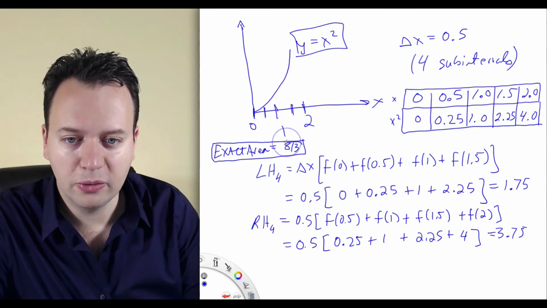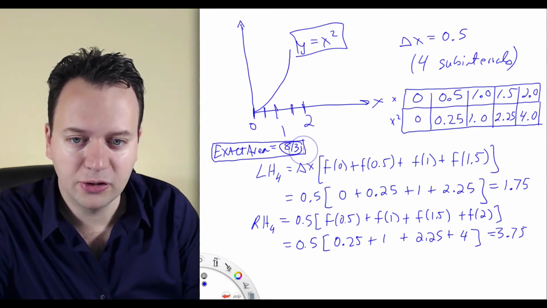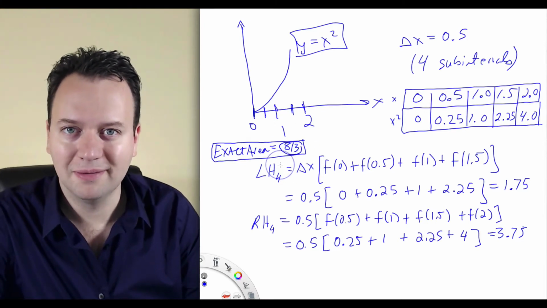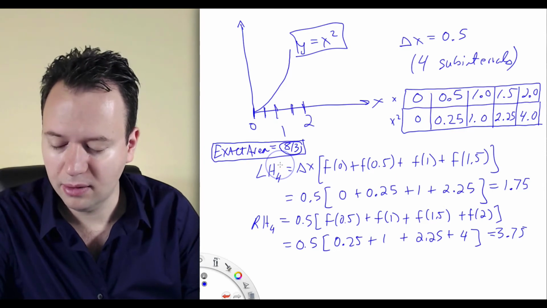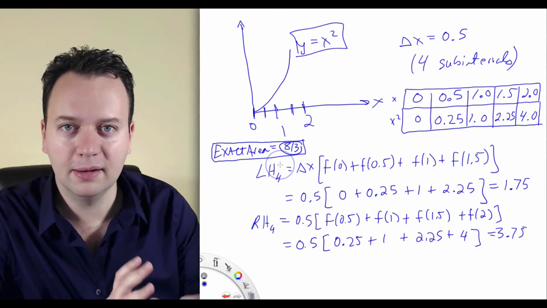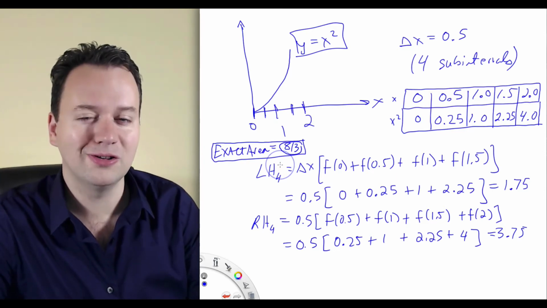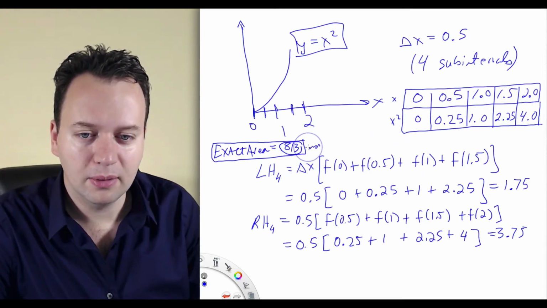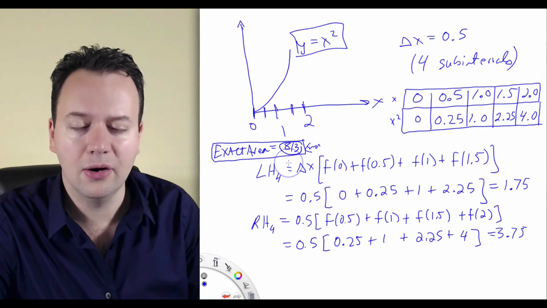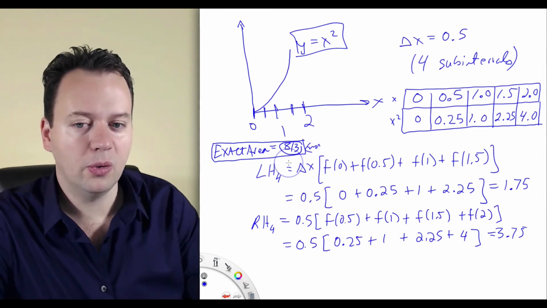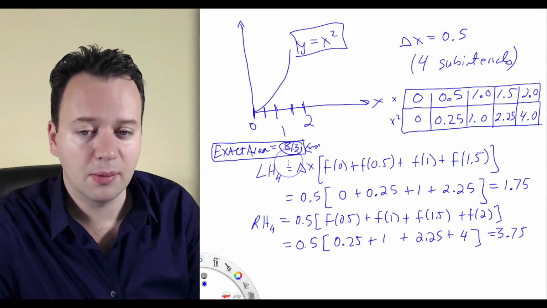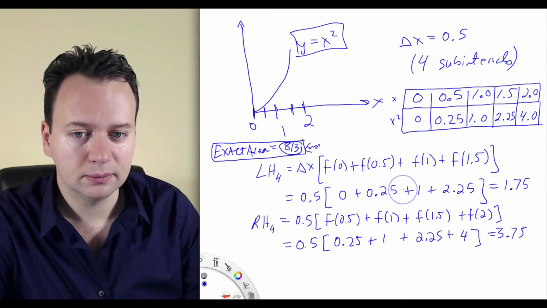But right now you can pretend either that I have a magical oracle that told me this, or that I, in my own time, did a Riemann sum with a billion intervals, and it was pretty close to 8 over 3. Either way, that's the exact area. And again, there's a very quick way to find this using the power of integration, and we'll see that after we talk about the fundamental theorem of calculus.